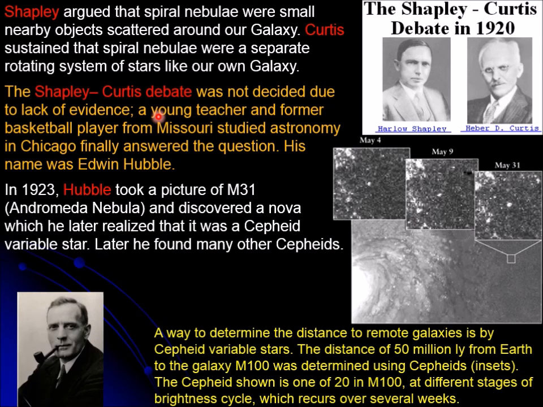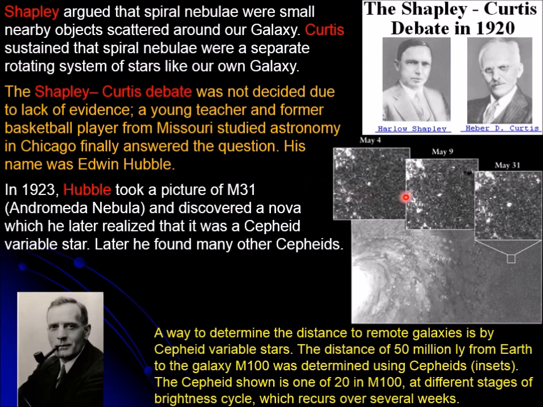But not too long after that, Hubble, photographed here, took a picture. It is a long story, but let me summarize it as follows. He took a picture of the Andromeda Nebula, and there he found something that he thought was a nova, but it was not, because it was recurrent.